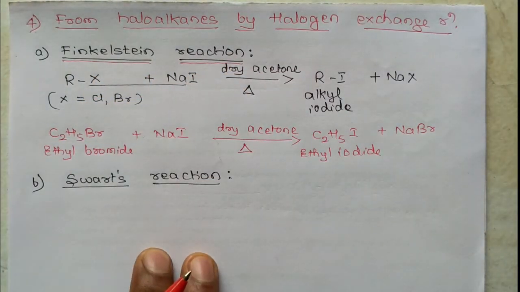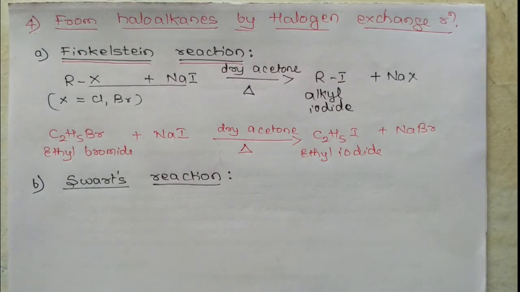Next is Schwarz reaction. This is one more method of preparation of haloalkanes by halogen exchange reaction.